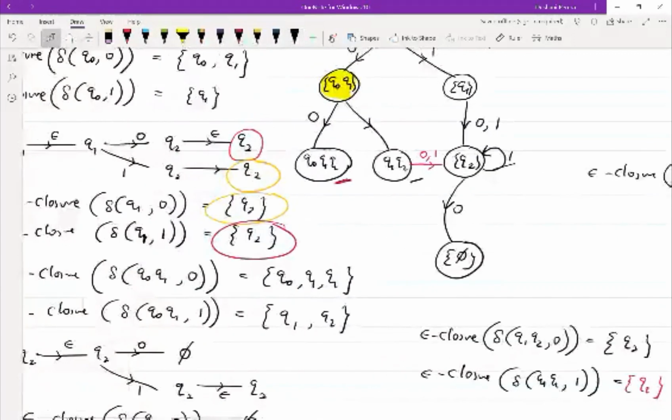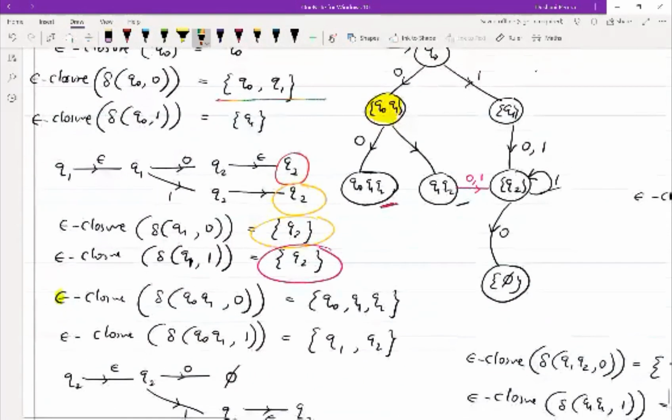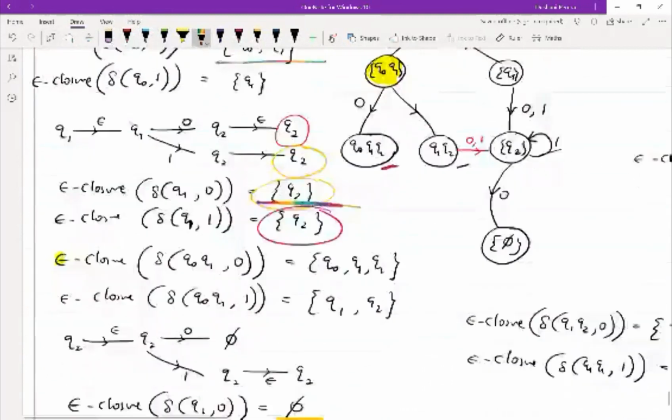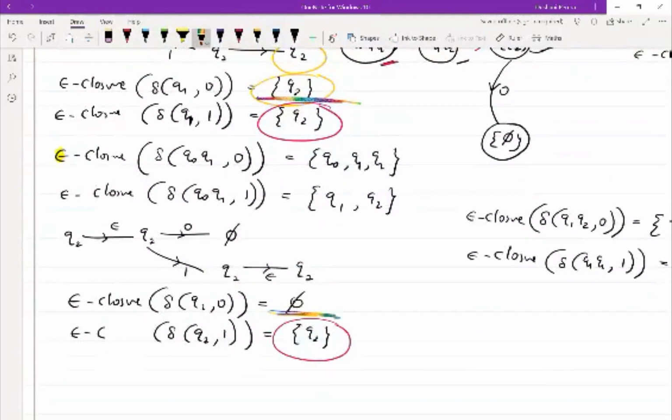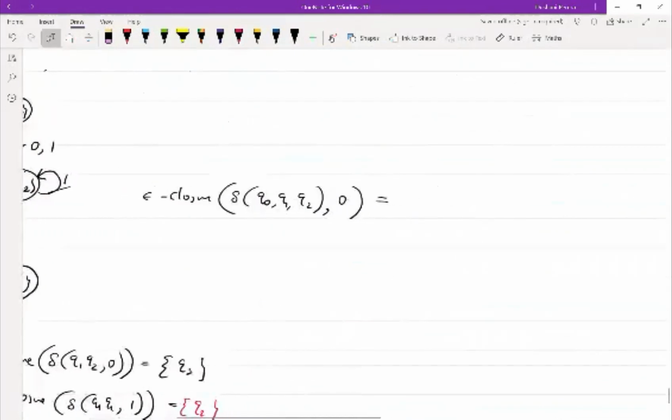I have to combine the answers I got for Q0, Q1 and Q2 all. Upon seeing a 0, Q0 went to this, Q1 went to this, Q2 went to the trap state. So altogether I get the union, and my answer will be Q0, Q1, Q2.